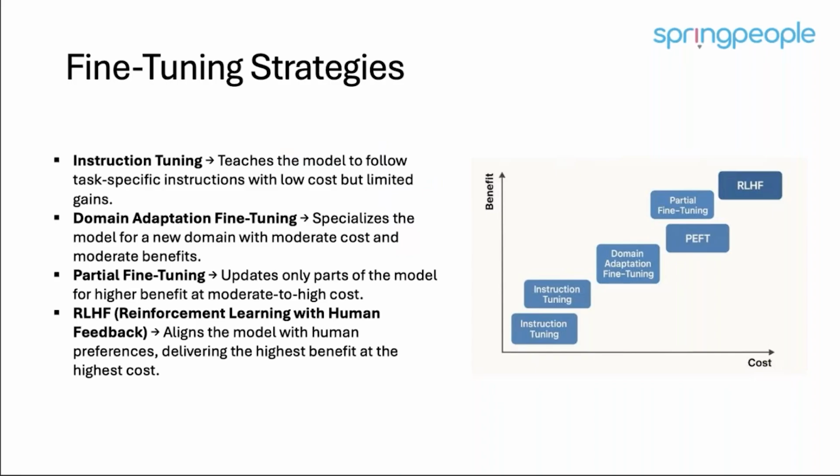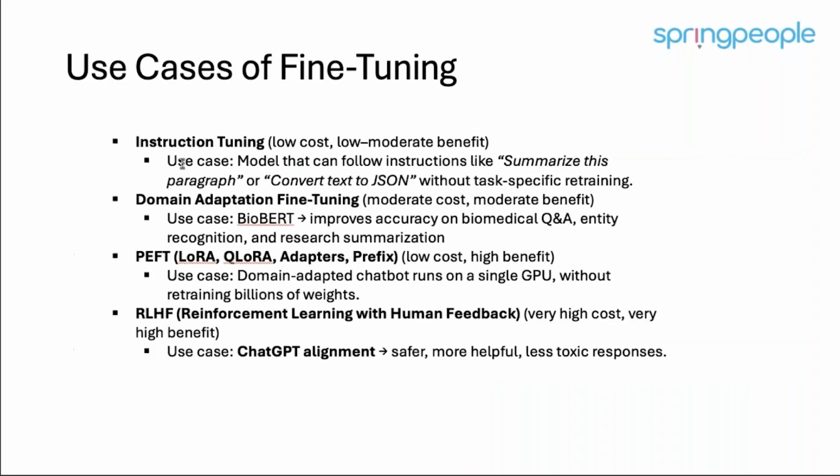So this is what people target today. Okay, and then there is reinforcement learning with human feedback, where the benefits are high, but the cost is even more. So this is a kind of chart showing all these different strategies of fine-tuning. Now let's look from an analogy perspective at what each of these means.